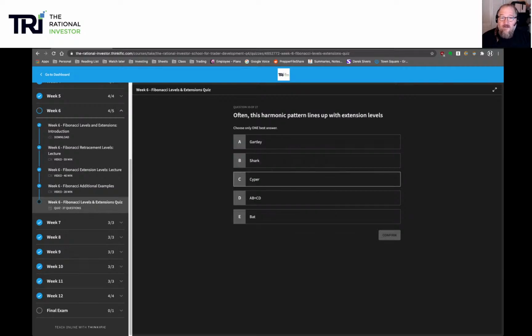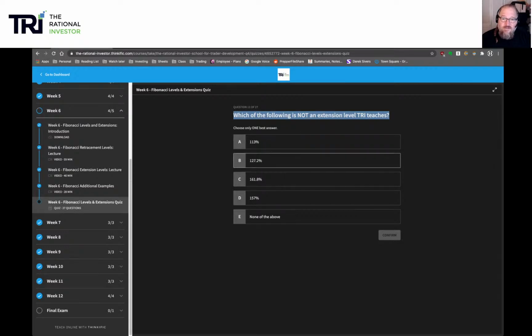And then often this harmonic pattern lines up with extension levels. Okay. We're talking about the ABCD in this particular case. And then which of the following is not an extension that TRI teaches? Okay. We do teach 113.